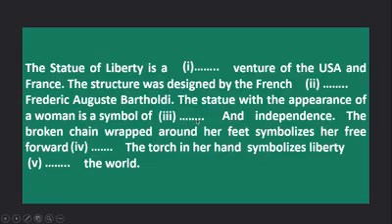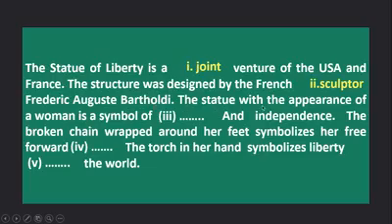The Statue of Liberty is a joint venture of the USA and France. The structure was designed by the French sculptor Frederic Auguste Bartholdi.